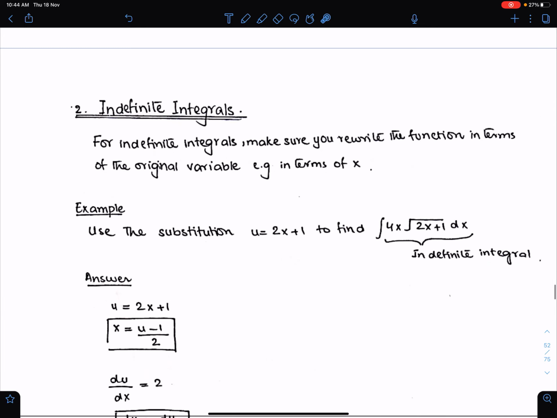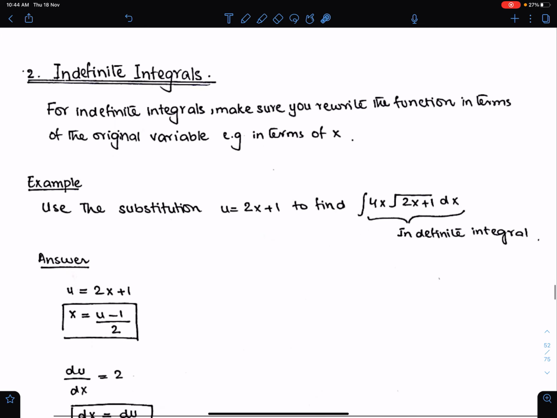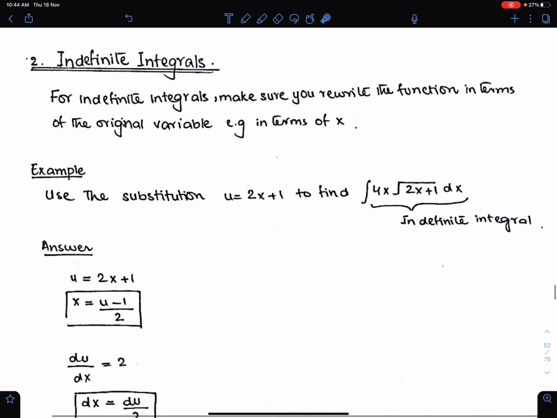The second type is indefinite integrals. The first one was definite integral, and this is for indefinite integrals. Well, for indefinite integrals, make sure you rewrite the function in terms of the original variable, like in terms of x.